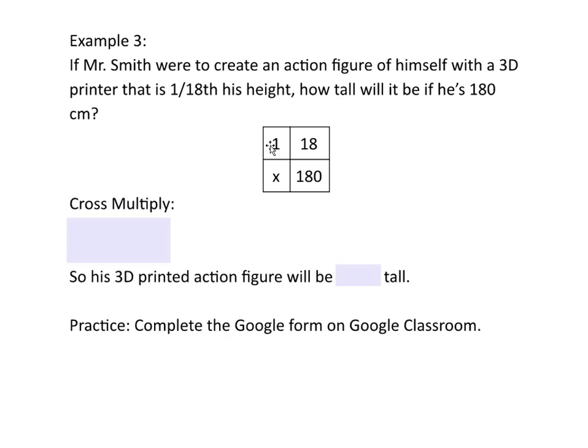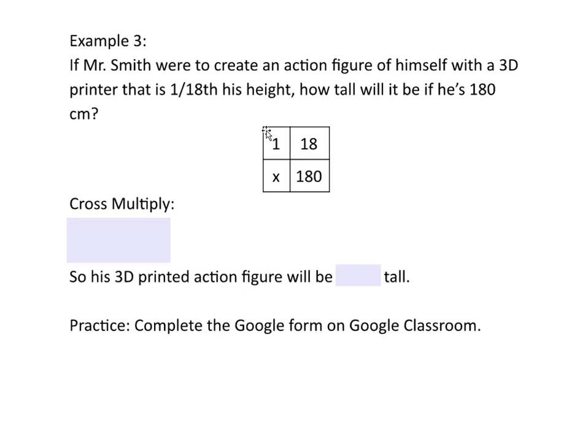So I have my 1 to 18 as my ratio up here. My 1 is going to be the action figure scale, the replica scale, and then the right is going to be the real life scale. So the real life is 18 for the ratio, and then 180 is how many centimeters tall I am.